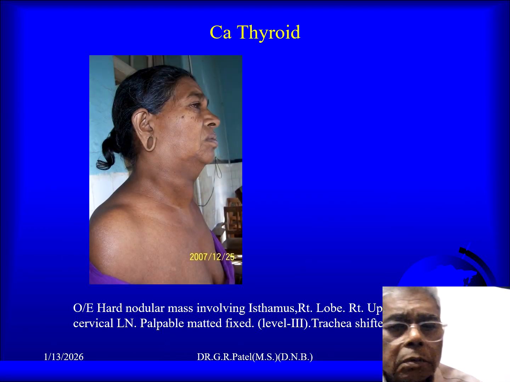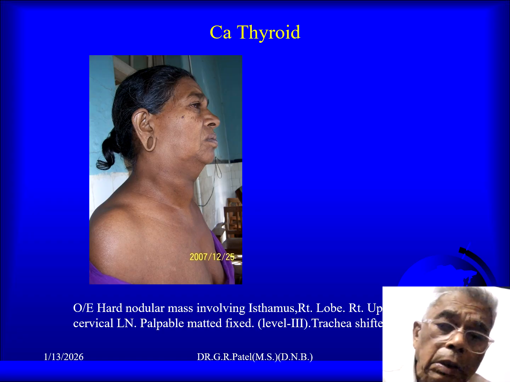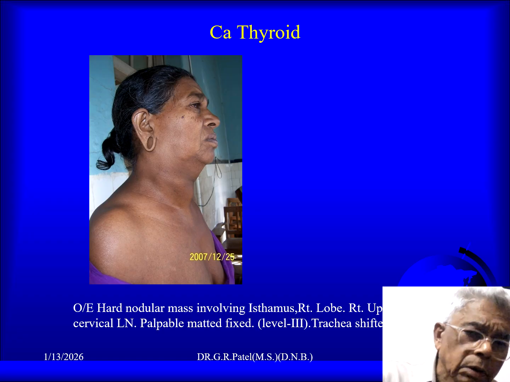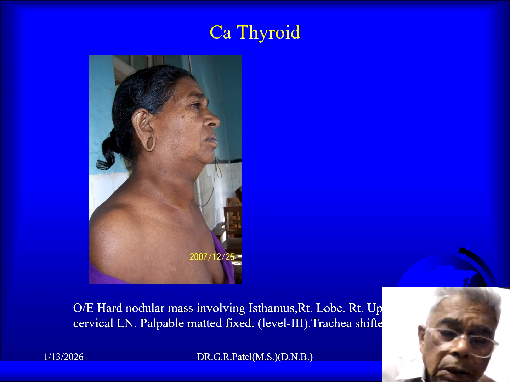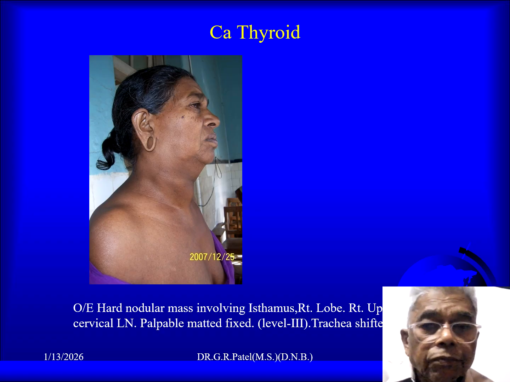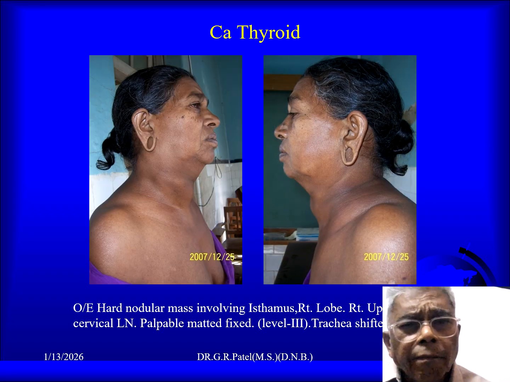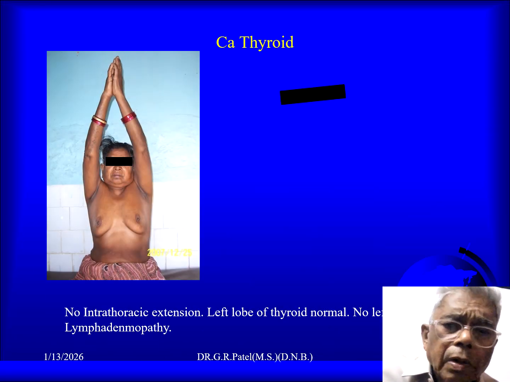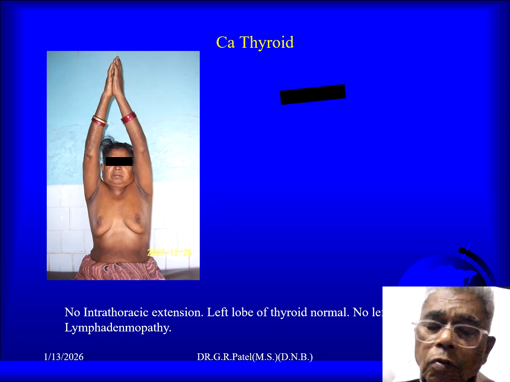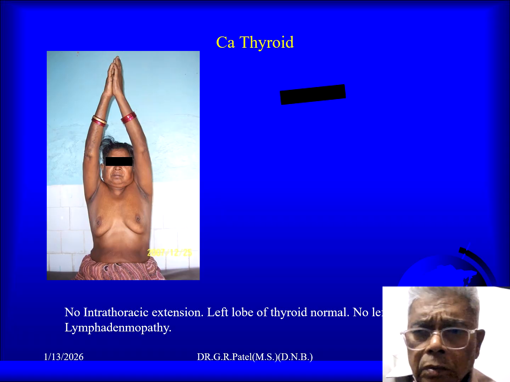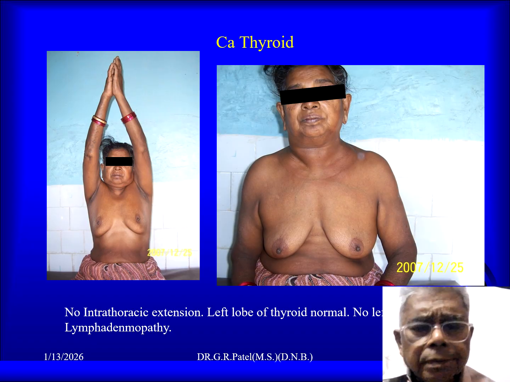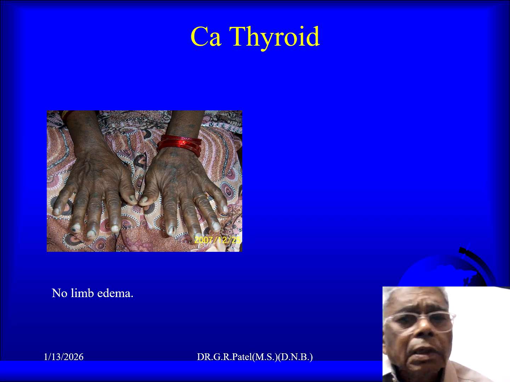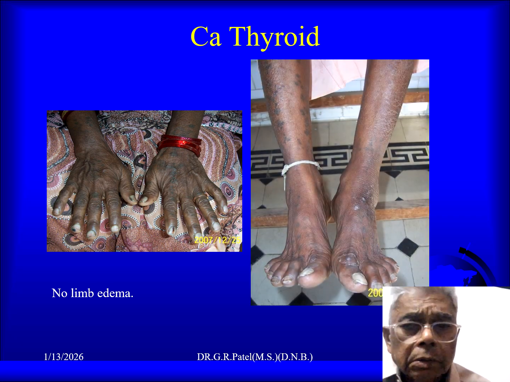Hard nodular mass involving isthmus and right lobe, right upper cervical lymph node palpable, matted and fixed, level 3, trachea shifted, no intrathoracic extension, left lobe of thyroid normal, no lymphadenopathy. This is a carcinoma thyroid patient.